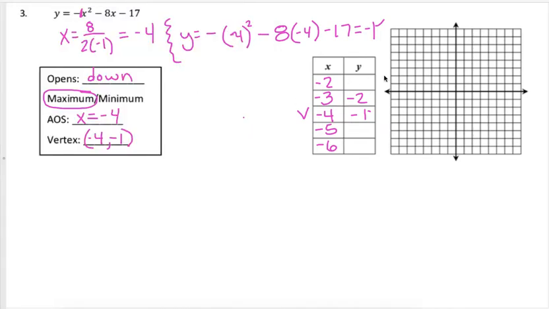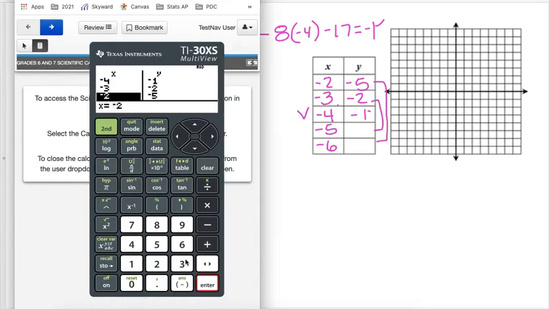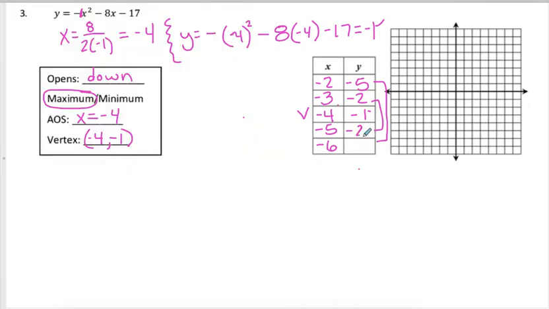And it's going to say -5. This should be symmetric over the vertex, so let's double check that. If I plug in -5, I'm expecting a -2 here, and that's what I got, -2. When I plug in -6, I'm expecting -5. That's what we got. So we're seeing that symmetry. So really we only have to plug in these two, and then we have the other side. That's what the axis of symmetry is doing for us.